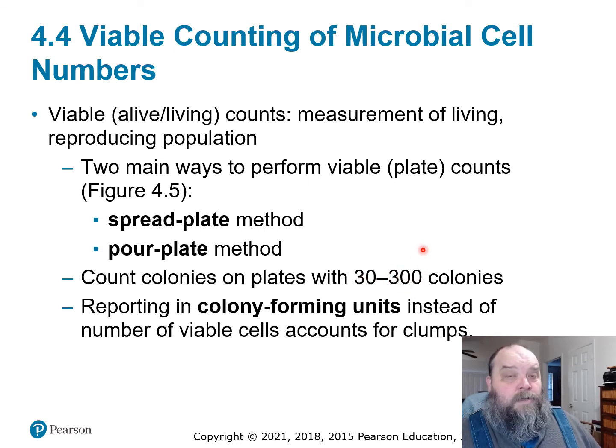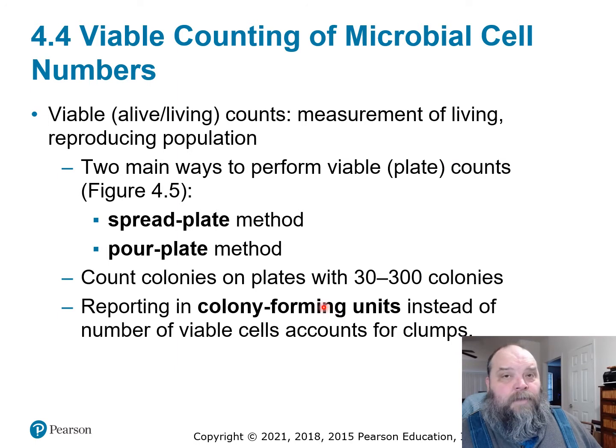More than 300? Then the colonies are too close together and it's very difficult to distinguish one from another. So there are our parameters. Wait 24 hours and then count only the plates that have between 30 and 300.